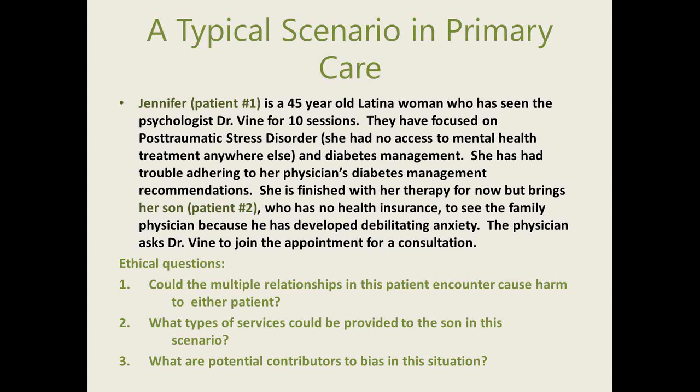They focused on post-traumatic stress disorder because she doesn't have mental health care anywhere else, or longer-term treatment options to deal with PTSD. She also has diabetes, so they focused on diabetes management as well. She has trouble adhering to her physician's diabetes management recommendations, and so the psychologist was called in to help with that. She finished her therapy around PTSD for now, but wants to bring her son, referred to as patient number 2, in to see Dr.